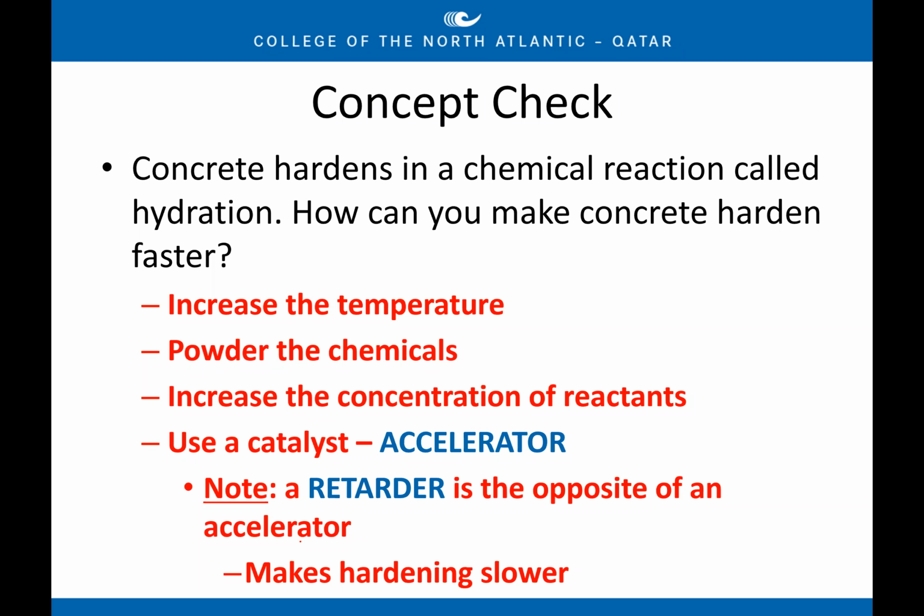And a retarder is the opposite. Retarder technically means to slow something down, like in French. And sometimes maybe you want a process to be slower so that there's fewer imperfections, for example. I won't get into that because that's beyond my scope of chemistry.